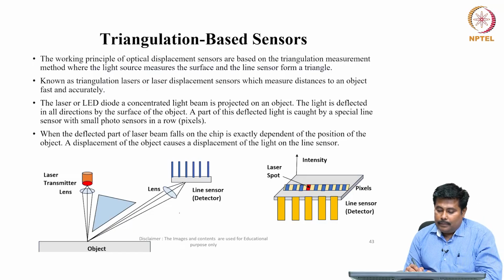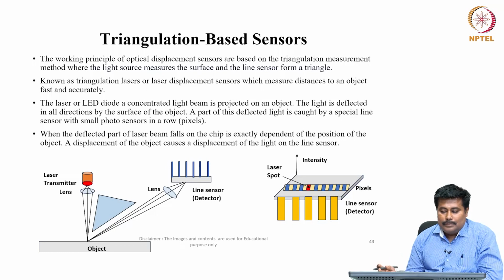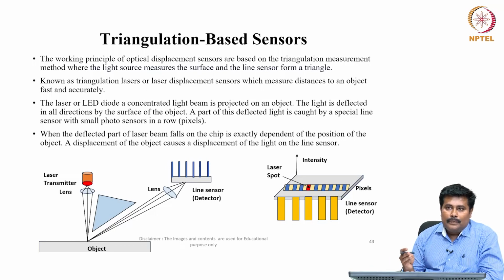The working principle of the optical displacement sensors is based on the triangulation measurement method, where the light source, the surface and the line sensor form a triangle. This is known as a triangulation laser or laser displacement sensor, which measures distance to an object fast and accurately.